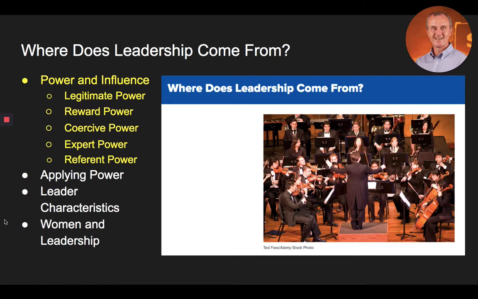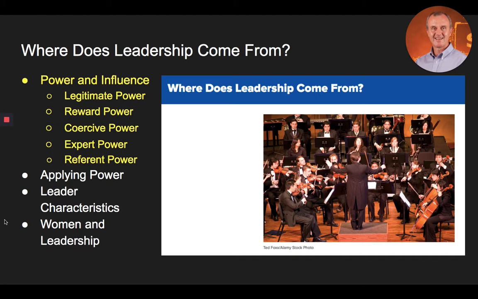Next, let's address the subject of where does leadership come from. Just because someone is in a known position of authority over others does not mean they engage in leadership. In fact, you can probably think of many experiences in your life where a designated leader was not able to influence followers in a positive direction.